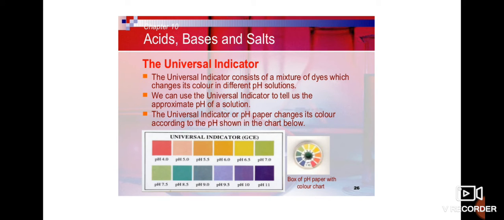We can use the universal indicator to tell us the approximate pH of a solution. A brief idea we can get about it. The universal indicator or pH paper will change its color according to the pH. You can check this in the figure given.